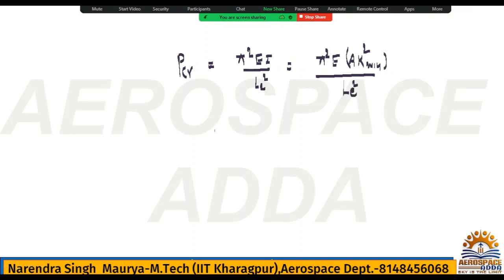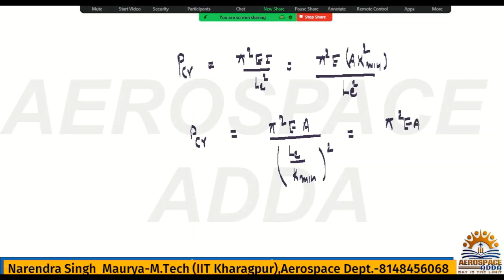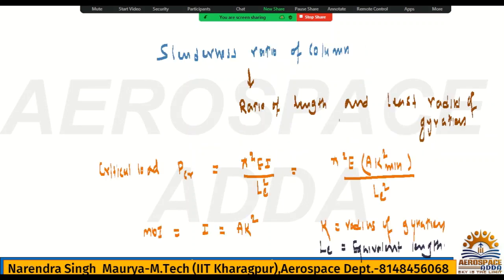We can write PCR is equal to pi square E A divided by the square of LE by K min, that is pi square E A divided by SR square, where SR is the slenderness ratio.